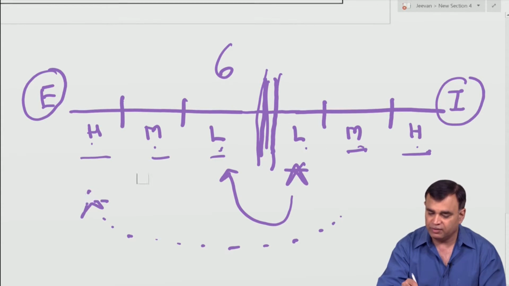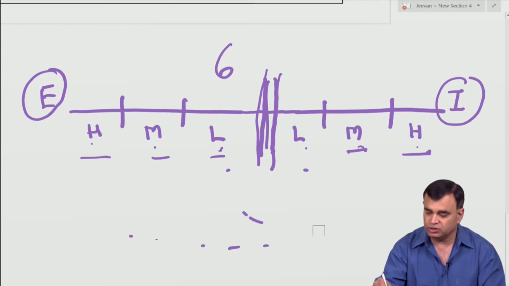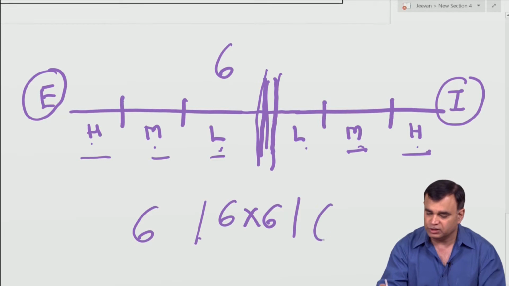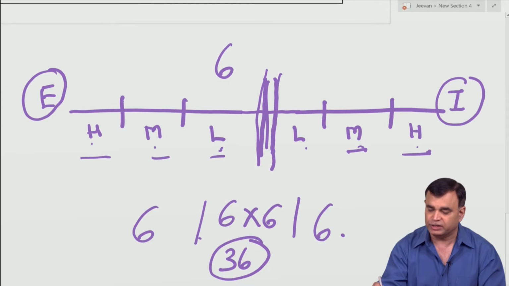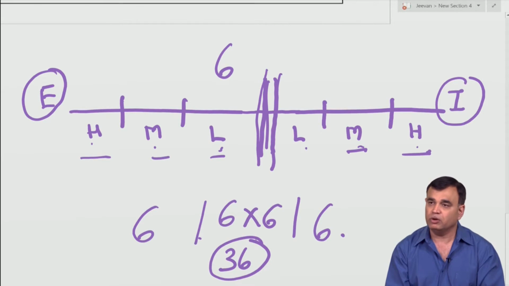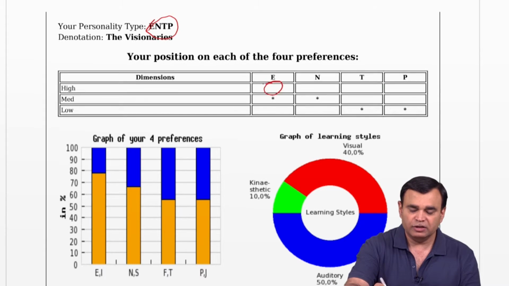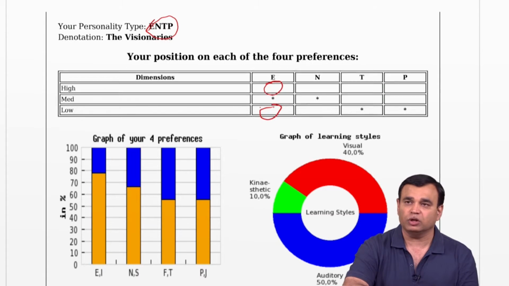So what we have is a matrix where each of these 4 switches are characterized by 6 different states, and hence you have in the central 2 switches 6 into 6 possible combinations flanked by 6 on either side. So we look for 36 possible combinations of the central 2 switches and make the decision about career selection. So a person who is very high E will behave differently than somebody who is E but still on the low side.